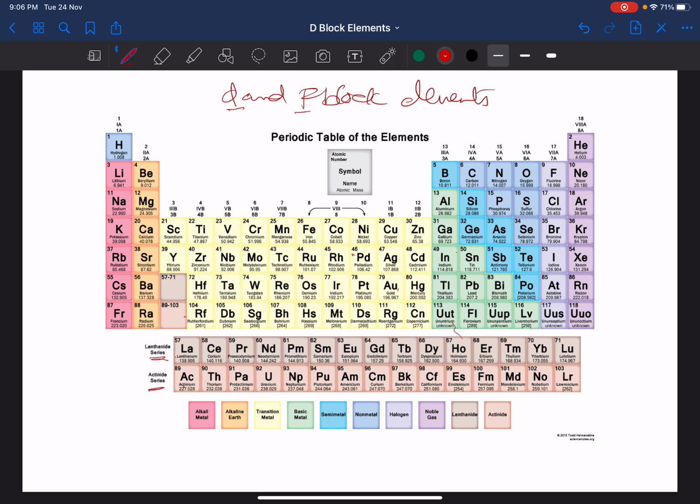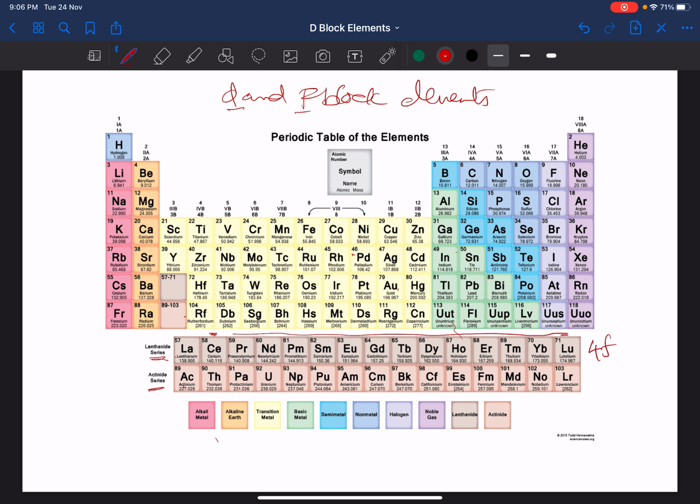Lanthanide series elements are from 58 to 71. These 14 elements are called the lanthanide elements, and they belong to the 4f series.